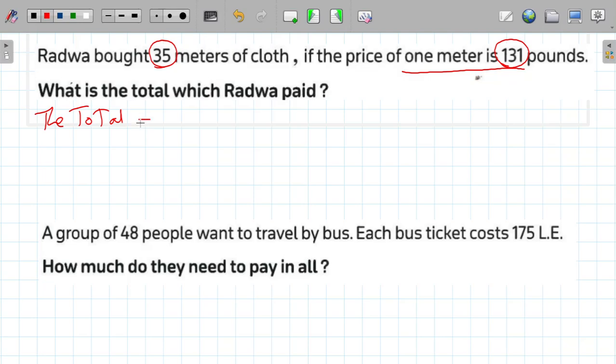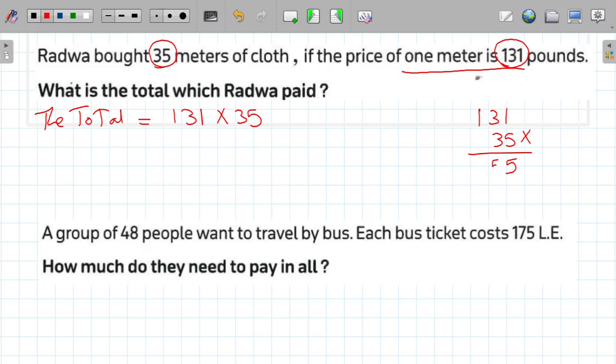So the total will be 131 times 35. So let's try with our algorithm. So I will write 131 first, and we will multiply by 35. So I will multiply by 5 first. So 5 times 1 is 5. 5 times 3 is 15.